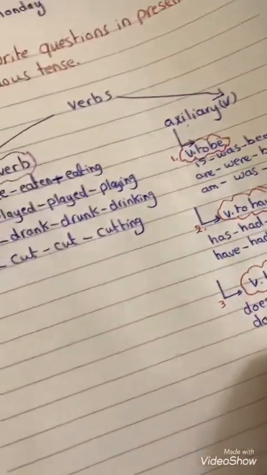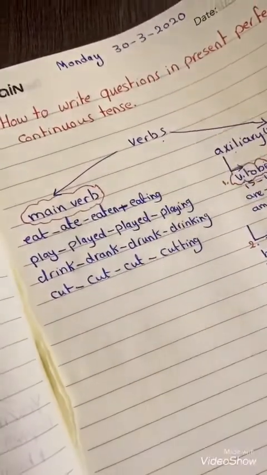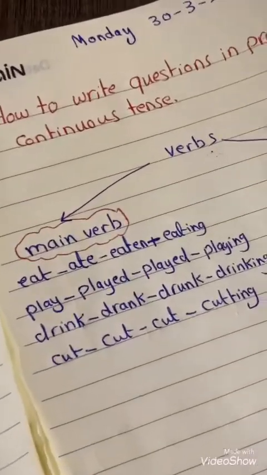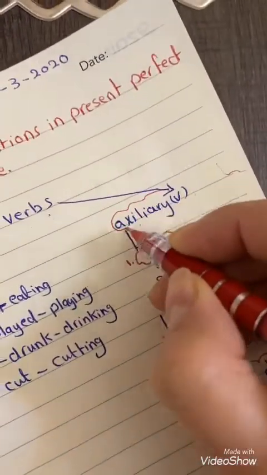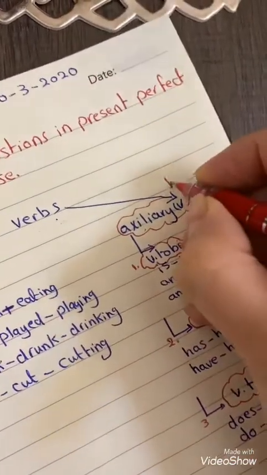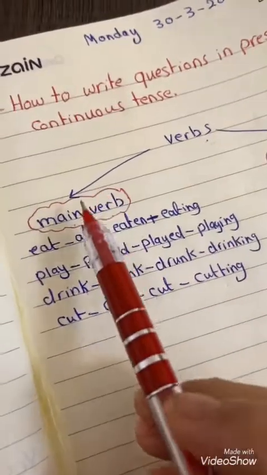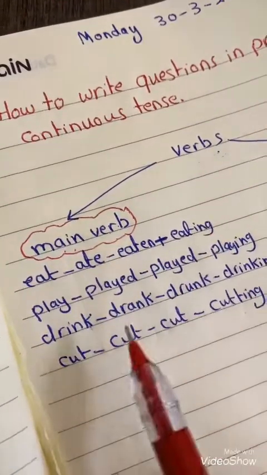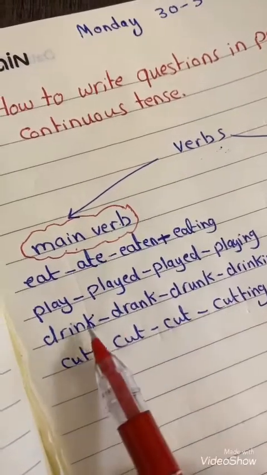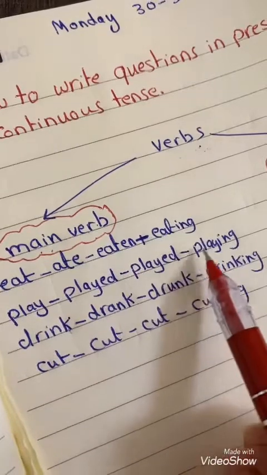So verbs in English can be divided into two parts. The first one is the main verb, and the second one is the auxiliary or helping verb. Main verbs are like eat, ate, eaten, eating, cut, cutting, drink, drank, drunk, drinking, play, played, playing.